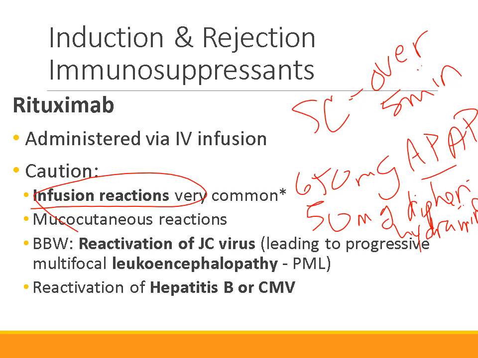Mucocutaneous reactions are also possible. Muco, like mucous membrane, cutaneous, like skin. So this is things like TEN, toxic epidermal necrolysis, or SJS, Stevens-Johnson syndrome. These are also possible. There's also the possibility of reactivation of various different viruses.